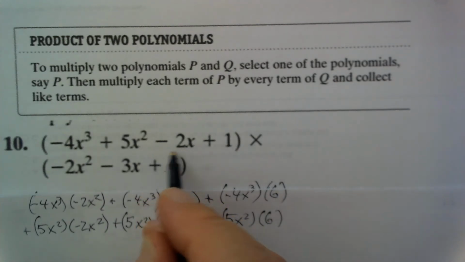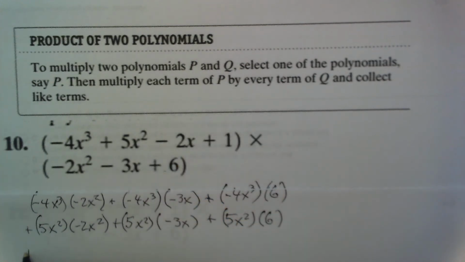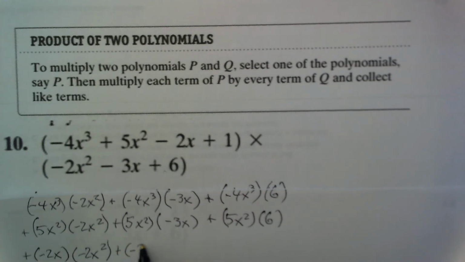Then we use the next term, minus 2x, so plus minus 2x times minus 2x squared plus minus 2x times minus 3x plus, again, minus 2x times 6.